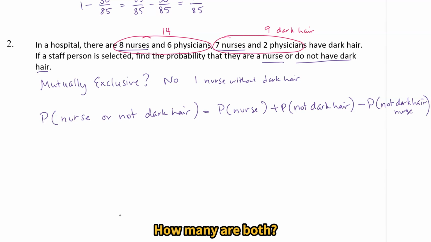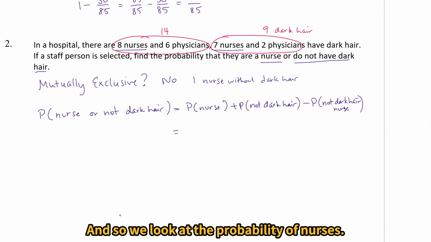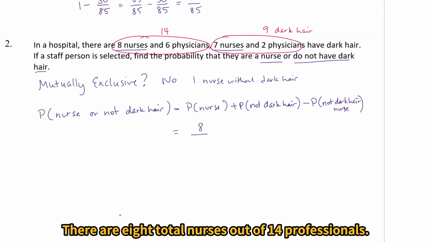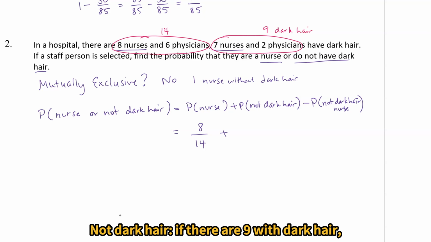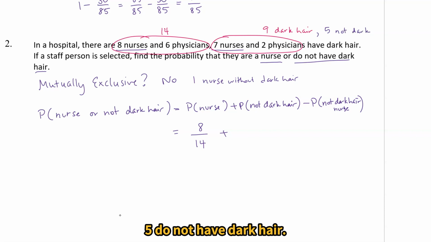How many are both? And so we look at the probability of nurses. There are 8 total nurses out of 14 professionals. Not dark hair. If there are 9 with dark hair, 5 do not have dark hair. So 5 out of 14.